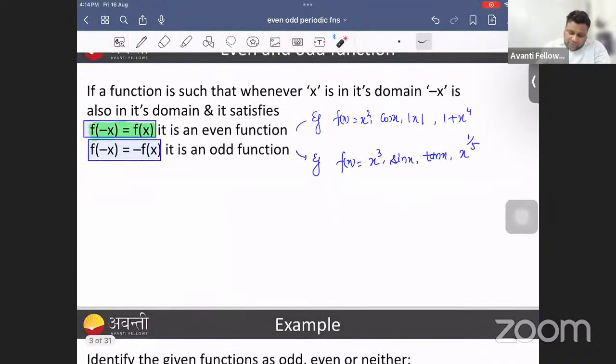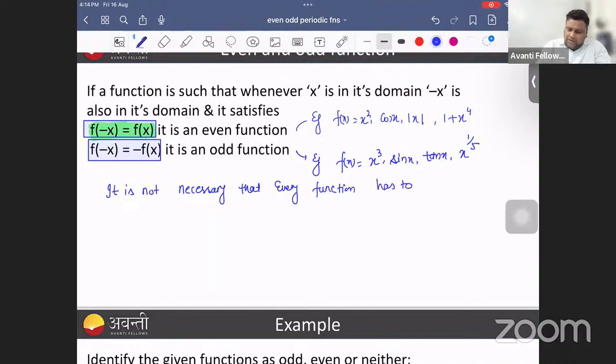Now, one more very important point: it is not necessary that every function has to be even or odd.